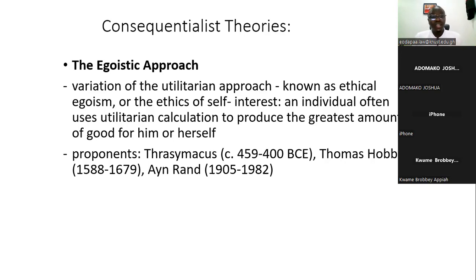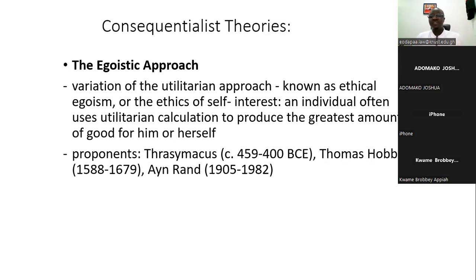Then we also have the egoistic approach, which is a little bit of a modification of utilitarianism. And we call that ethical egoism, or the ego has to do with self, right? Ego. It has to do with self.